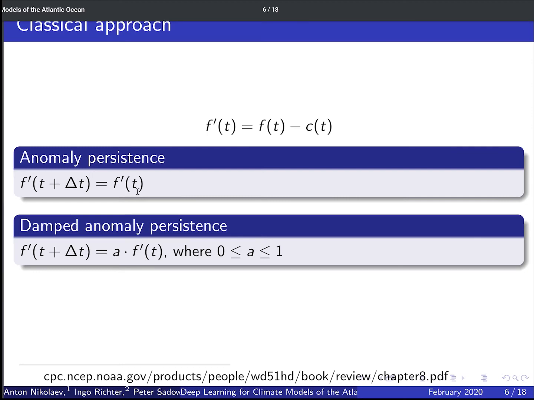The first, simplest model is the persistence model. So basically, predict that the anomaly at the next time step is going to stay the same as at this time step. A more advanced model that performs better and is considered kind of an industry standard is damped anomaly.